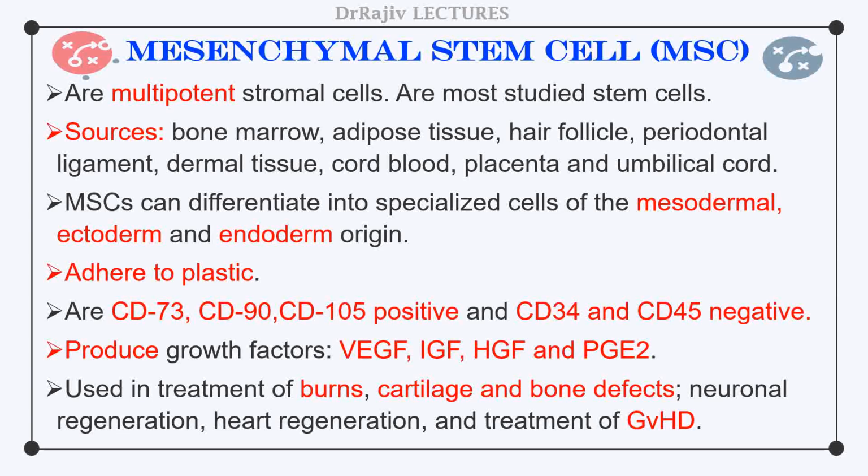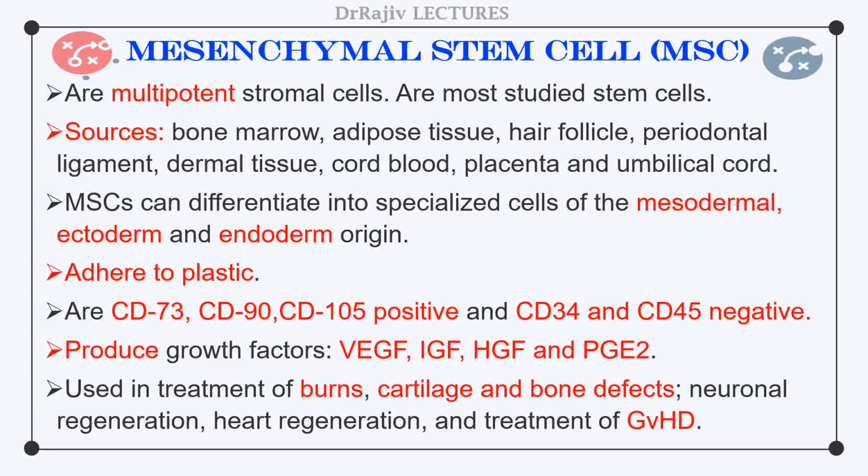Mesenchymal stem cells have the ability to differentiate into a variety of specialized cell types of the mesodermal, ectodermal, and endodermal lineages, including osteoblasts, chondrocytes, adipocytes, tenocytes, myocytes, hepatocytes, and neurons.